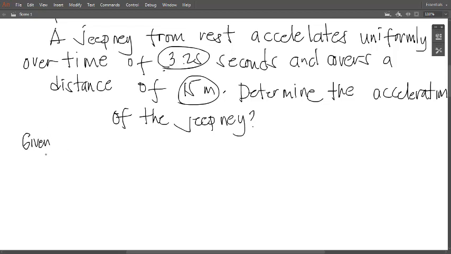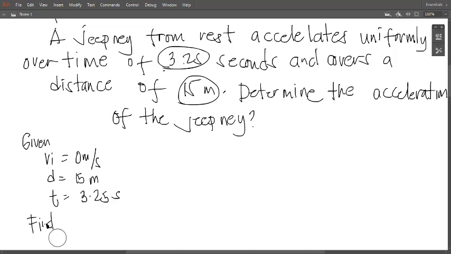We have initial velocity, which is always set to 0. Displacement, which is 15, or distance. Time, which is 3.25 seconds. And the question we'll be finding is A, or the acceleration.